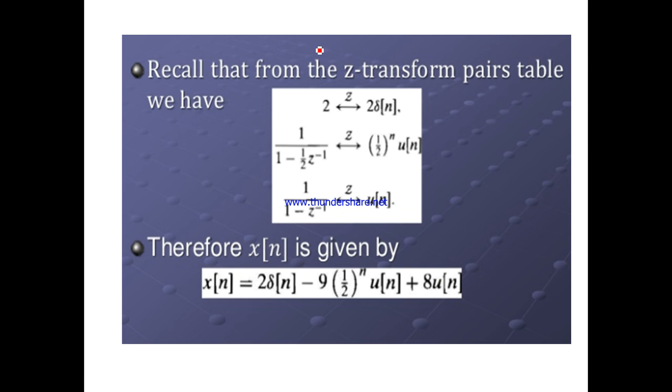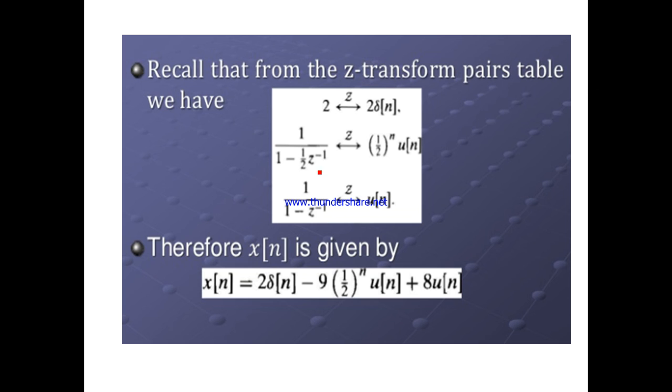Next we have to compare with the z transform pair table. For the constant 2, the inverse z transform will be 2 into delta of n. Like this, 1 divided by 1 minus 1 by 2 z power minus 1, its inverse z transform will be 1 by 2 the whole power n into u of n.